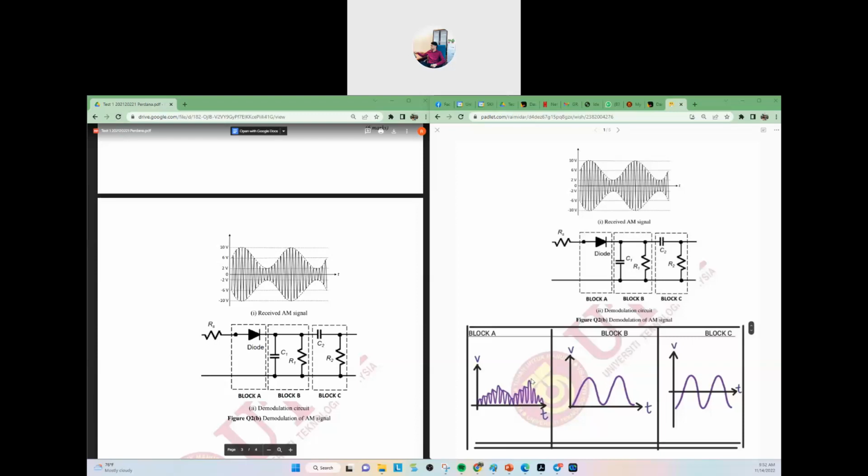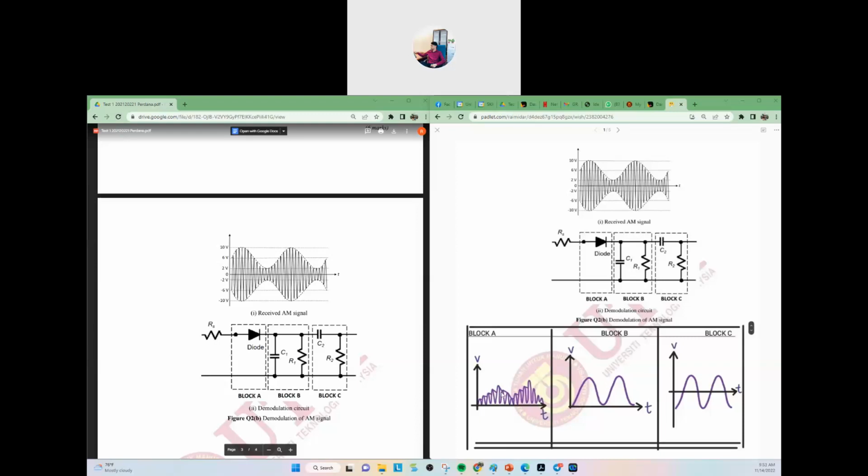Okay, it's like a sawtooth, which is correct as well. The real answer is that if the capacitor discharges too fast, it will look like a sawtooth, meaning it will have more ripple.